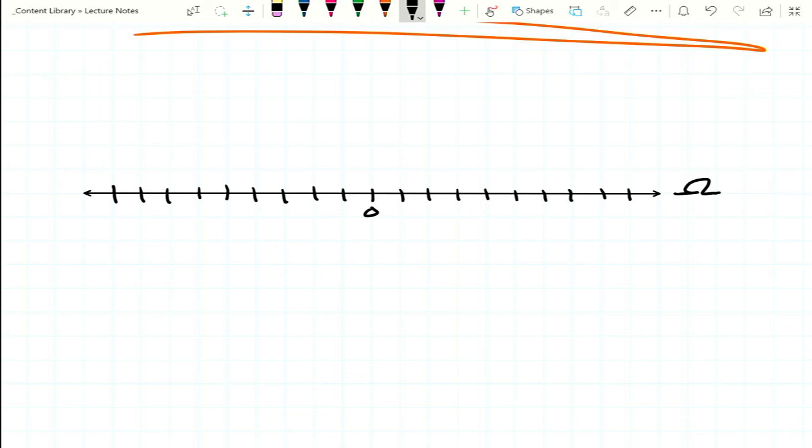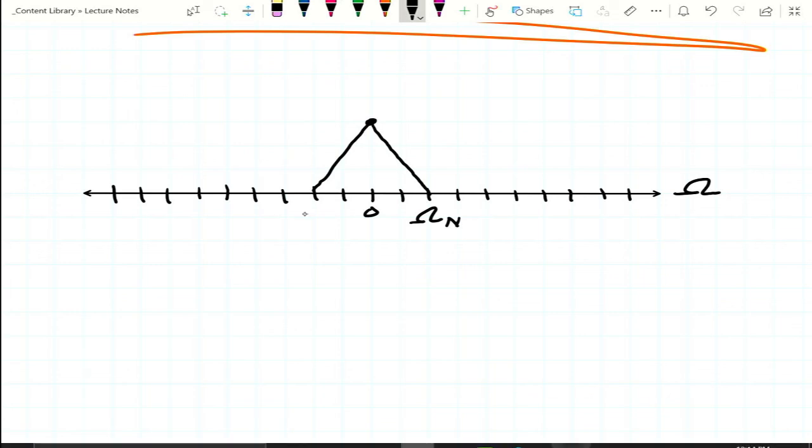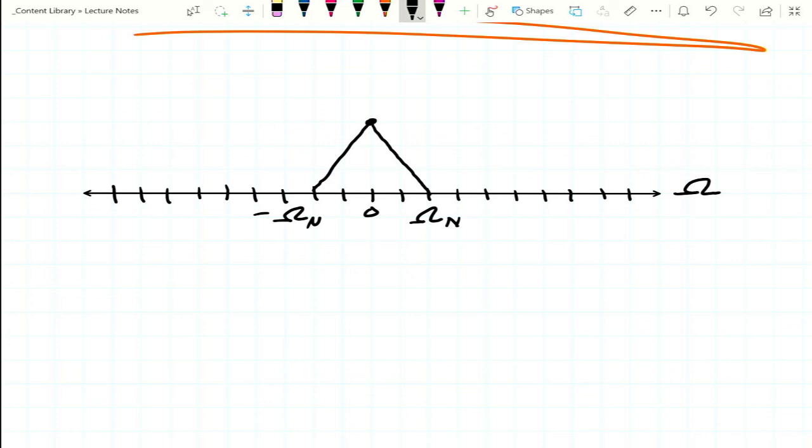And let's just say that our X sub c, our original signal in the frequency domain, just kind of looks like this, where it tapers off and hits back to 0 at what we call omega sub N and minus omega sub N. And this is our X sub c of j omega. This is the Fourier transform of whatever our original signal was.